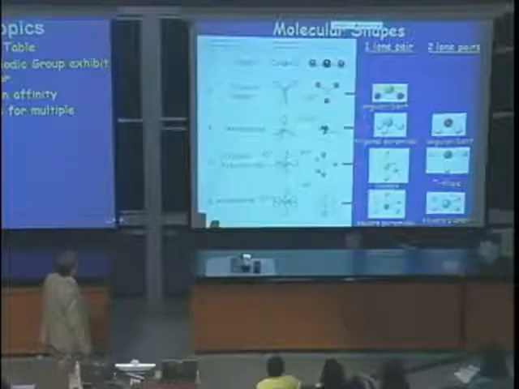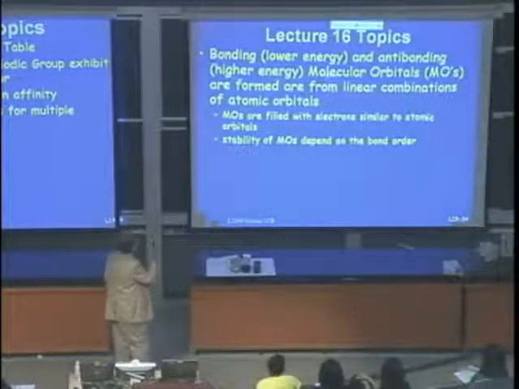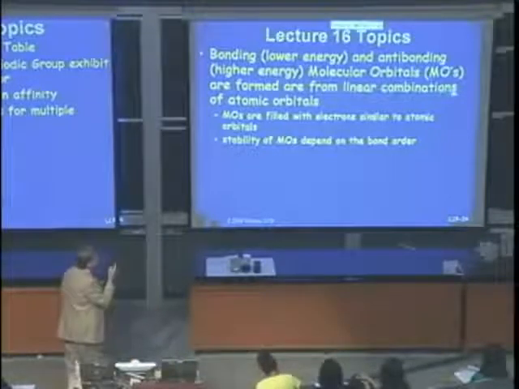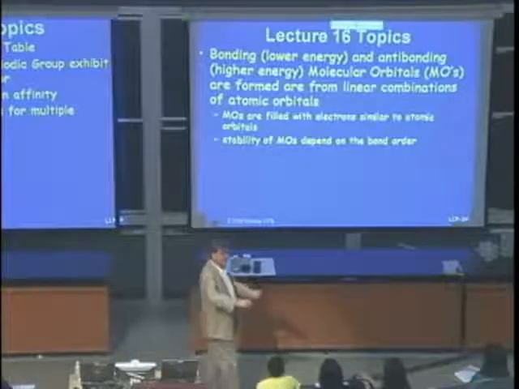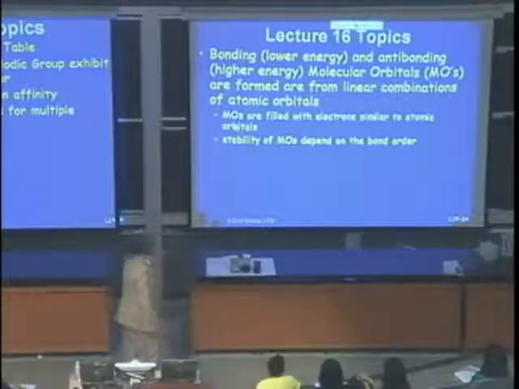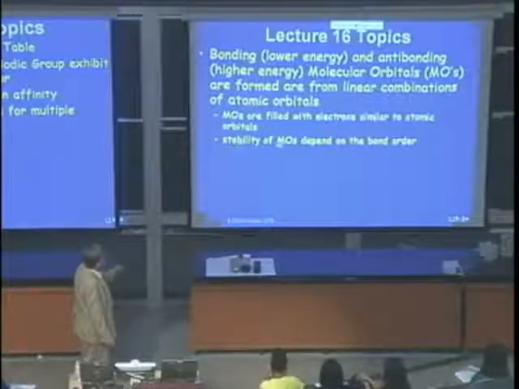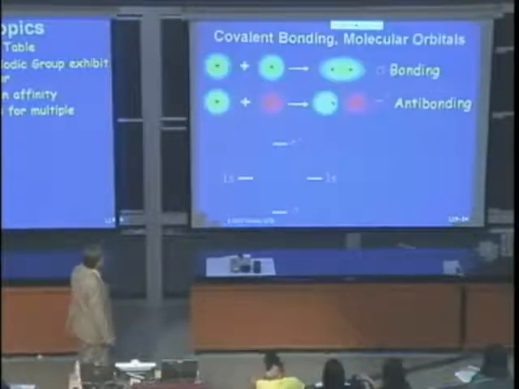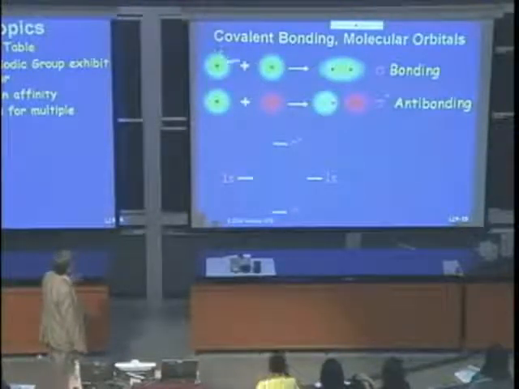And so now, very carefully, bonding and anti-bonding molecular orbitals are formed from linear combination of atomic orbitals. Now, we position the atomic orbitals so that we can do the bonding. And MOs are filled with electrons similar to atomic orbitals. Stability of MOs depends on the bond order. So you have 2 s orbitals here, okay?